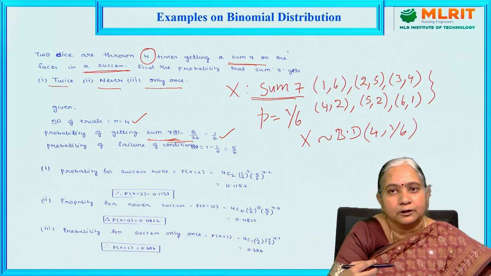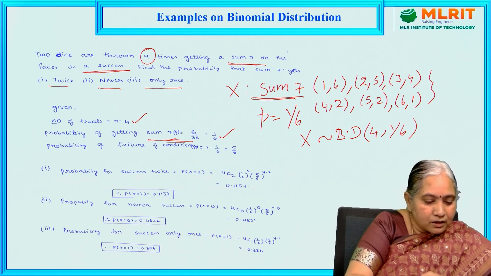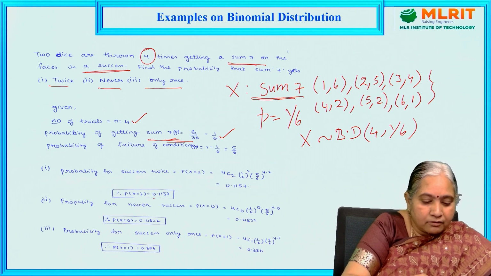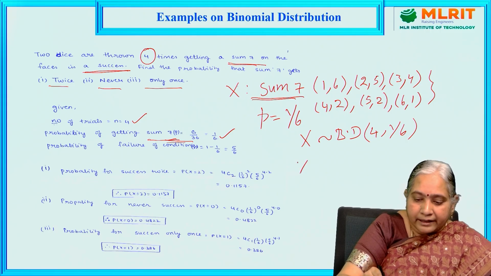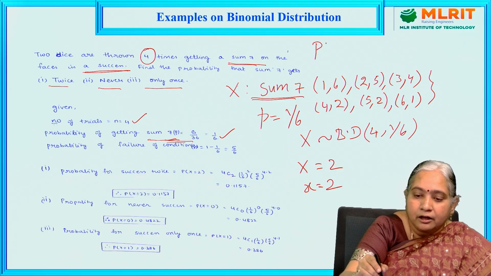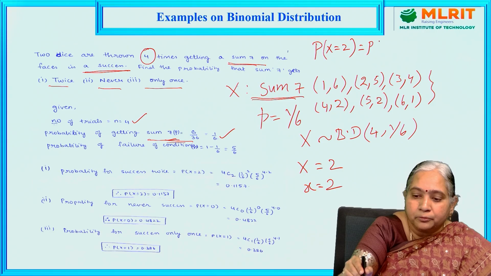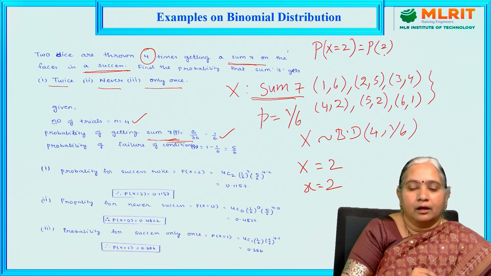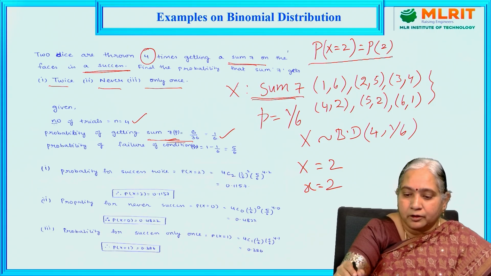So that's why probability of X equal to 2. Here X takes the value 2, which can be simply denoted by probability of X equal to 2 or p of 2. All these are the same notations.